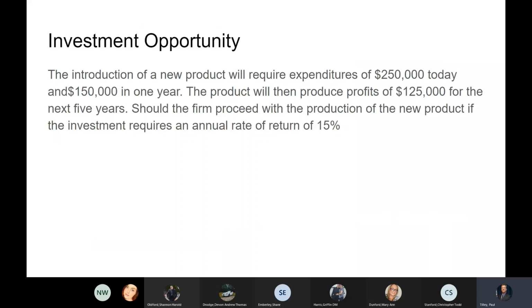So essentially, we're putting $250,000 up now and $150,000 in year 1. In years 2, 3, 4, and 5, we're getting $125,000 back. And we need to find the present value of anything that's past now.